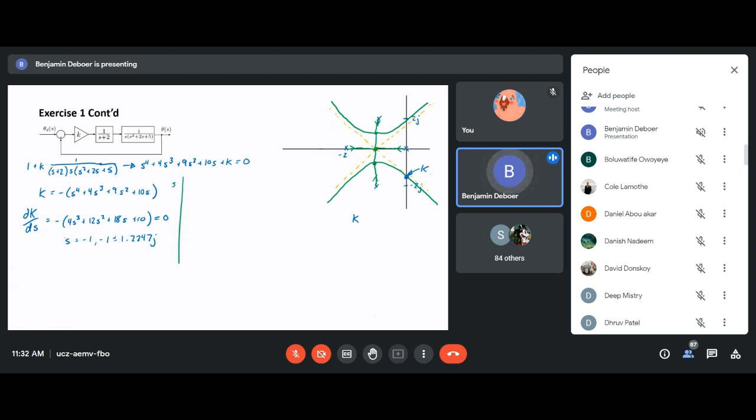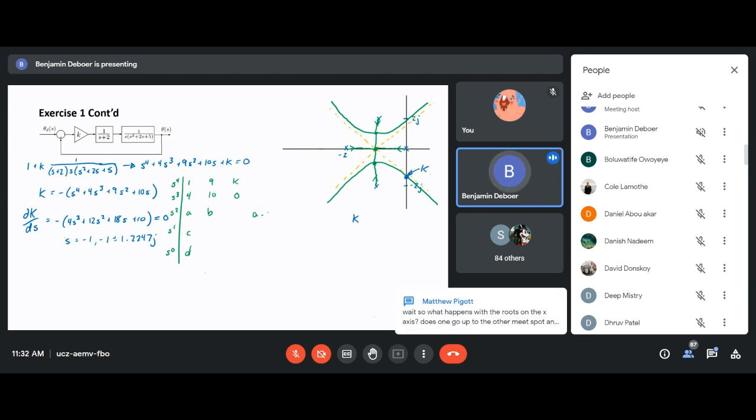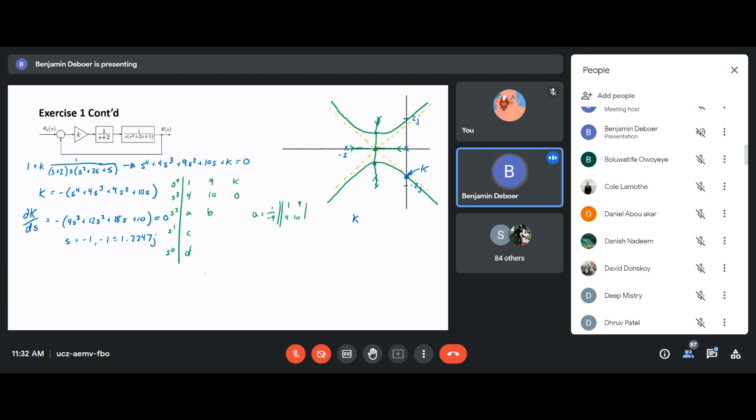We already have our characteristic equation here. We have 1, 9, K, then 4, 10, 0, and then A, B, C, D. A is equal to 1 over negative 4 times the determinant of this system here, and A ends up being 6.5.